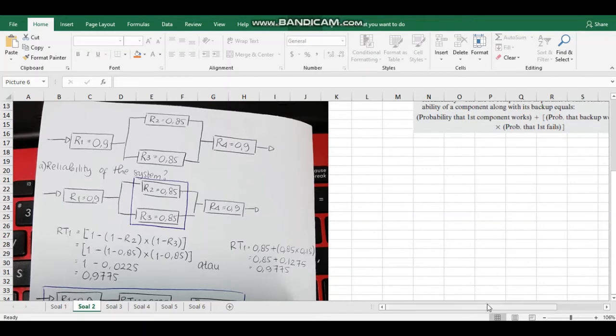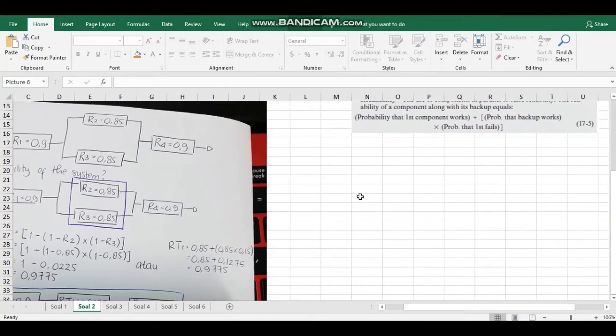Following this form of formula, the probability that the first component works is R2, which is 0.85, right? And then plus the probability that the backup works, which is 0.85. But we have to multiply the reliability for R3 with the probability that the first fails. As I said, the first is R2, and the reliability for R2 is 0.85.